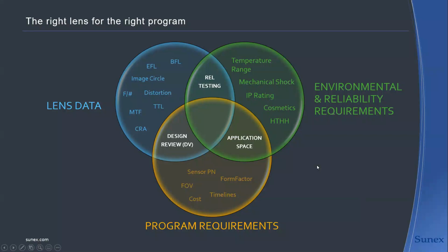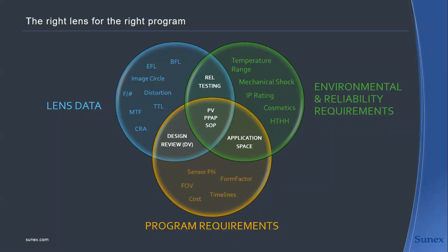And this is something that we then prove and show in the reliability testing, where the lens goes through all those different procedures. And when this all comes together, if we speak in the terminology of a project timeline, then we start going into process validation, production part approval process, until we eventually have the moment that we can start the start of production.